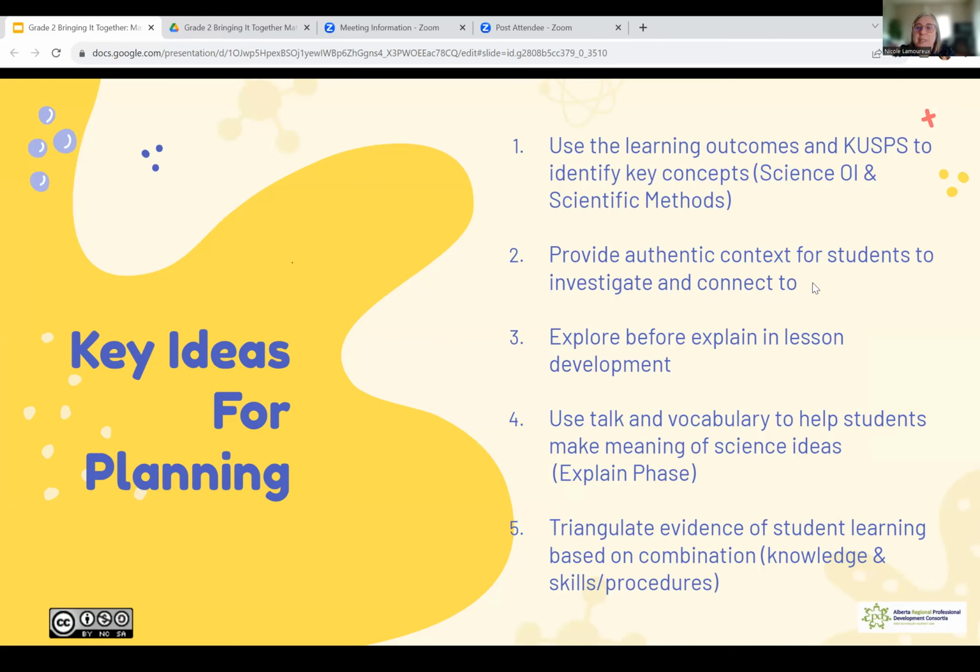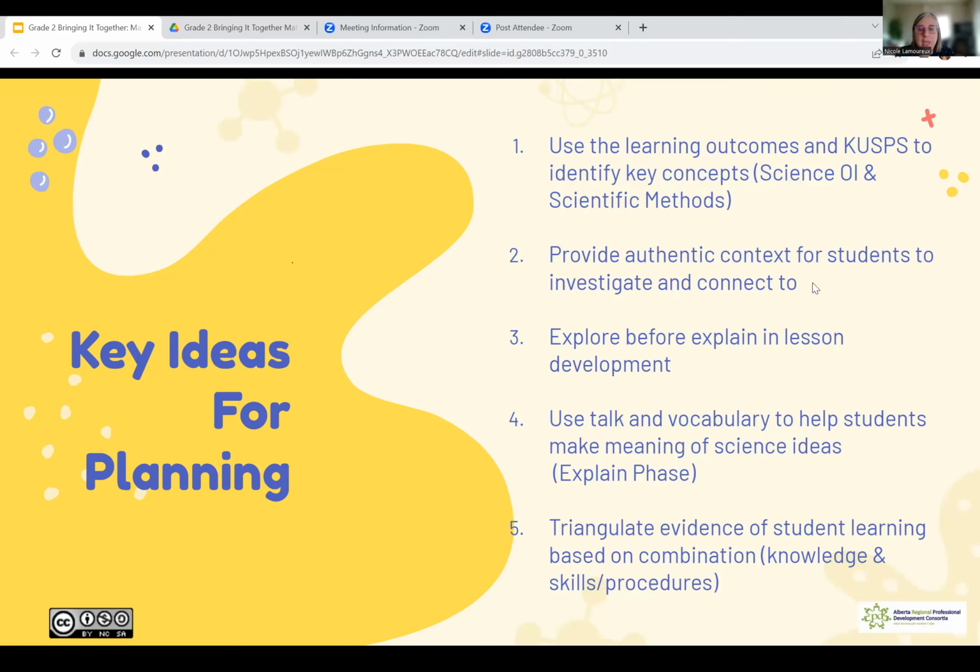So you want to use the learning outcomes first and the cusps to identify and pull out the key science ideas or concepts. And then you want to think about your students' context, like what are they familiar with that an investigation could connect to. And if you've been in the science symposium with me, I talk a lot about the research that came out, which is using explore before explain in lesson development.